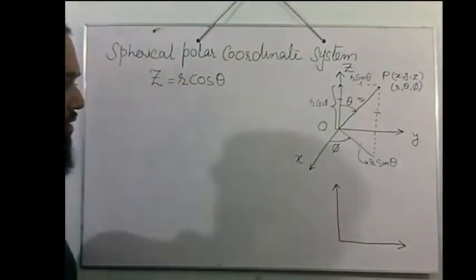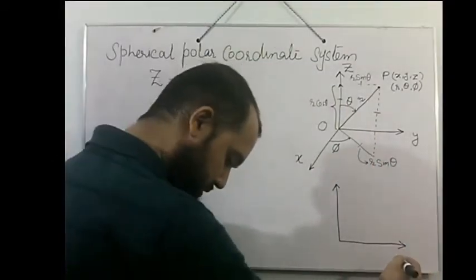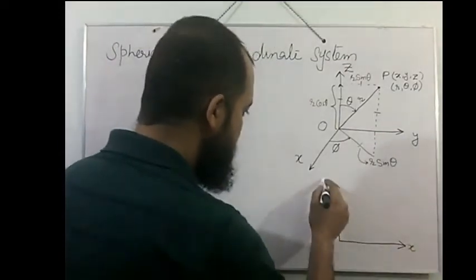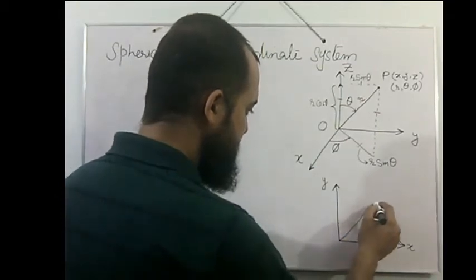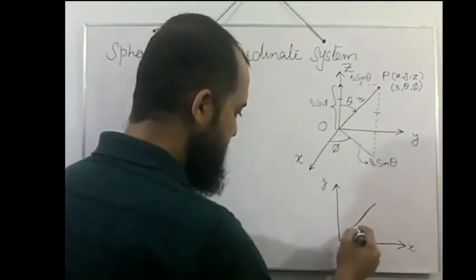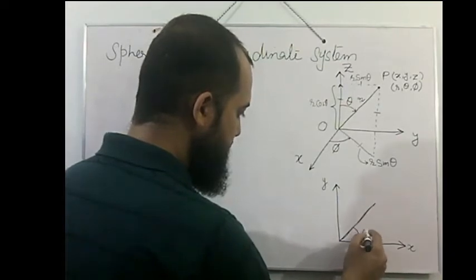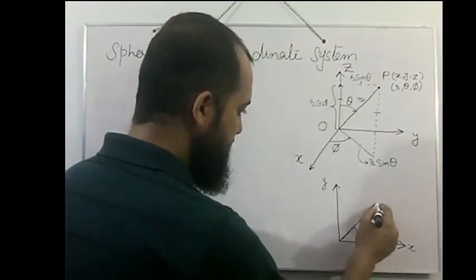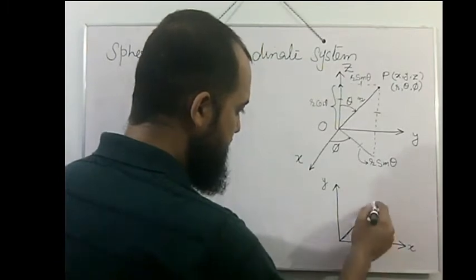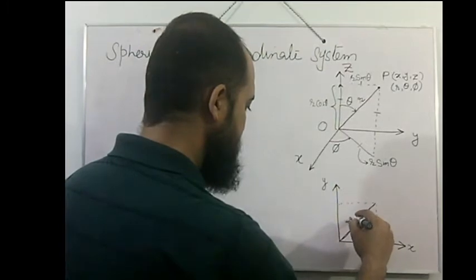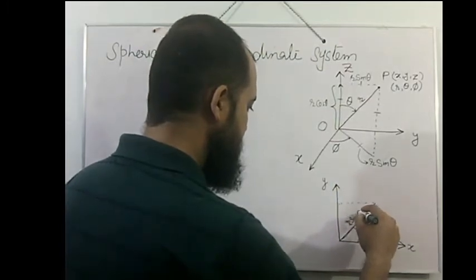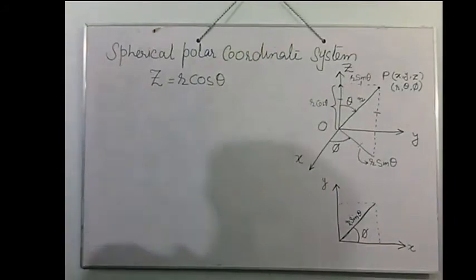Now if we see the situation on the xy plane, we see something. And this line is r sin theta. So from here we are able to find the x and y coordinates.